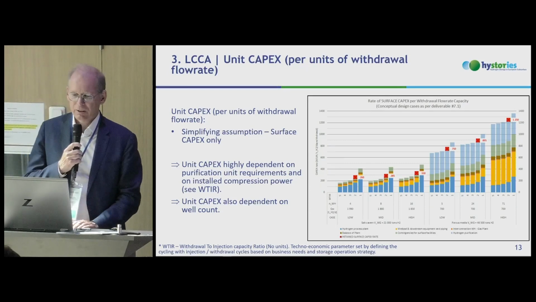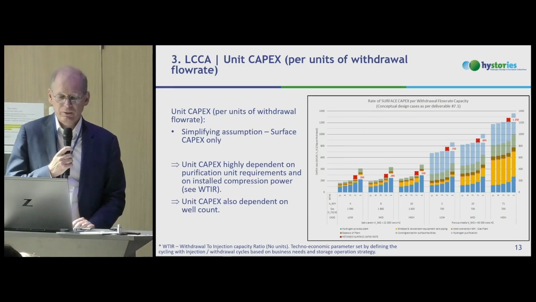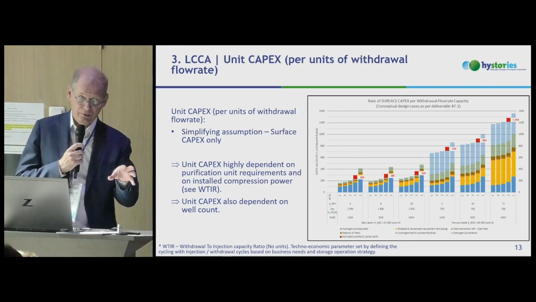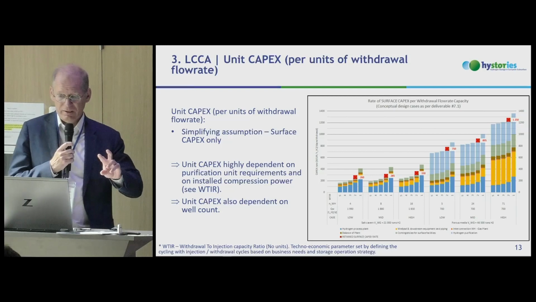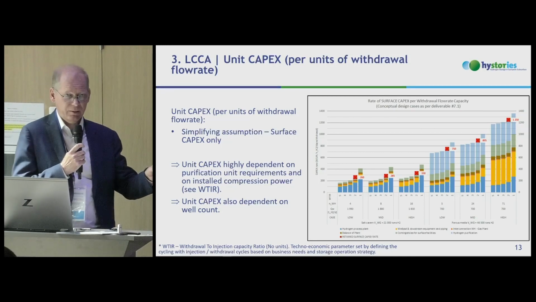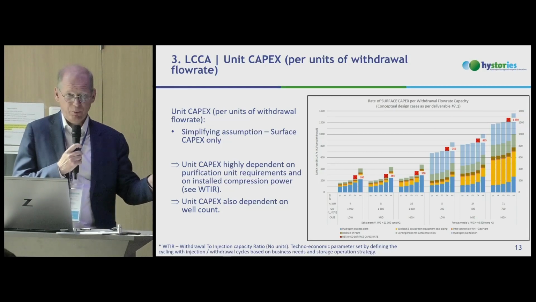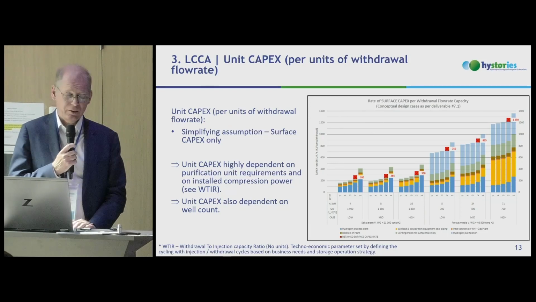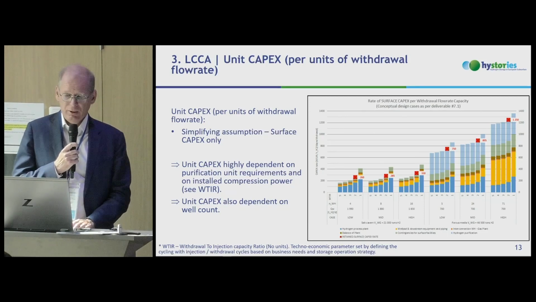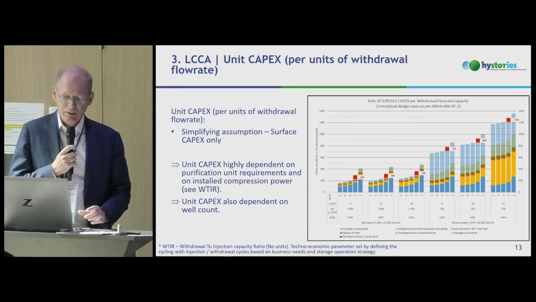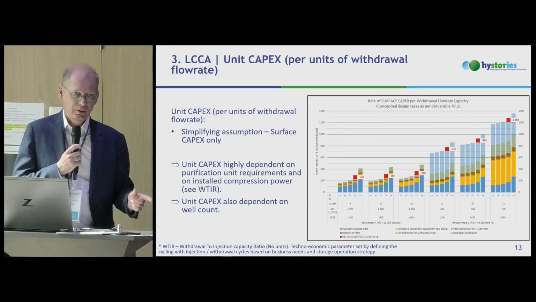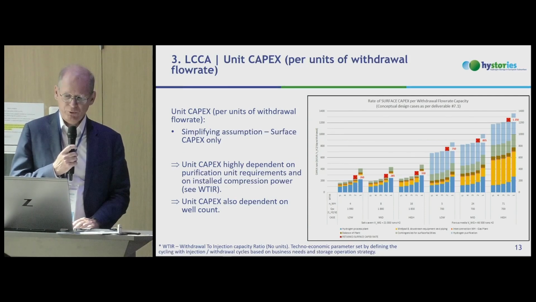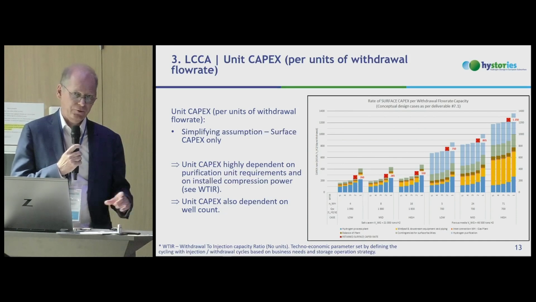Same for the withdrawal flow rate, and as I said, this is related to the above ground only, and here it's the opposite. The soil cavern is the cheapest, and the porous media is the most expensive. The reason behind that is that we have considered that a treatment unit, a purification unit, was needed for the porous media and was not needed for soil cavern.